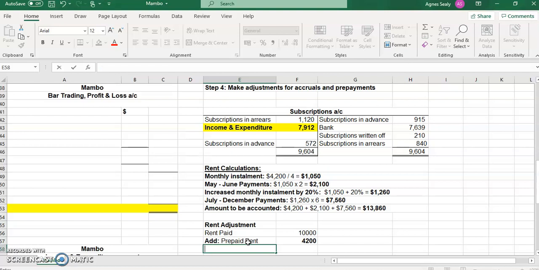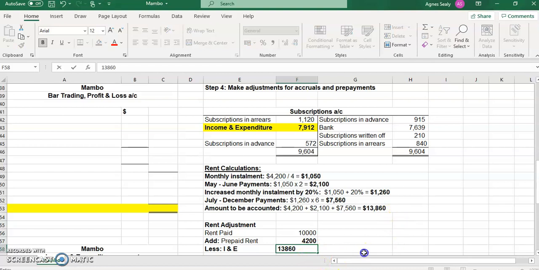But obviously, we don't know what that prepayment is. What we know is that what we need to transfer to the income and expenditure account is $13,860. So ordinarily we would subtract the prepayment, but we don't know what that is, so we subtract the amount that's going into the income and expenditure account, which is $13,860.